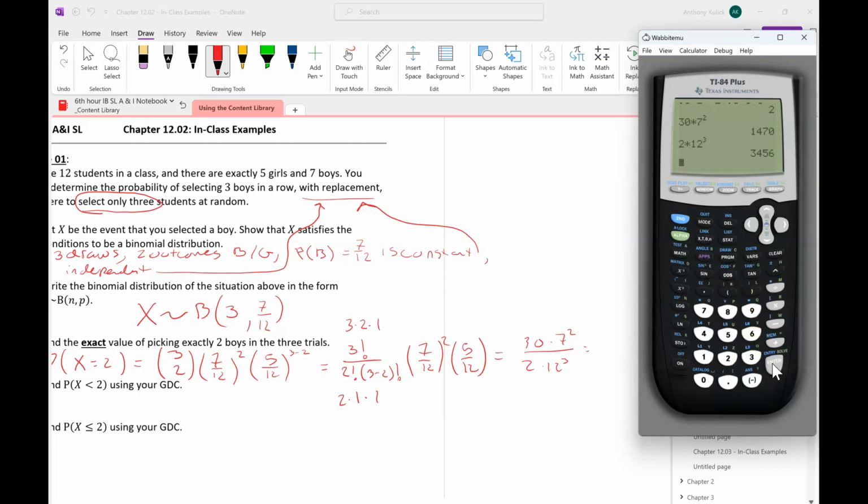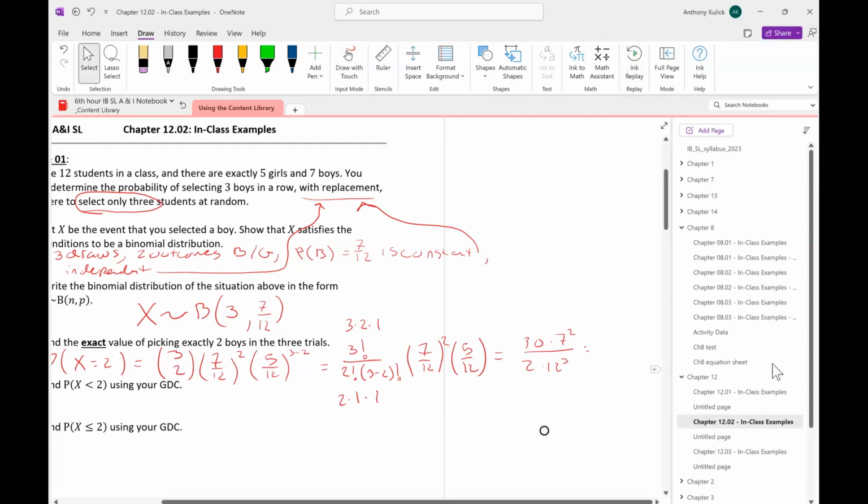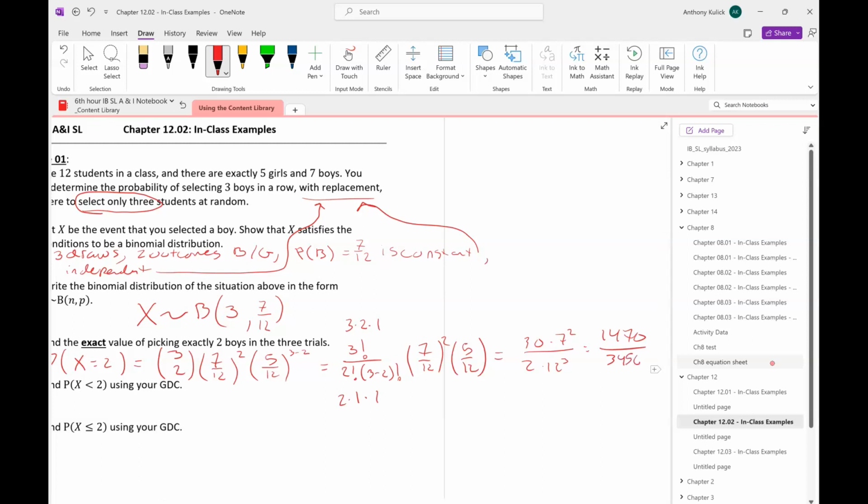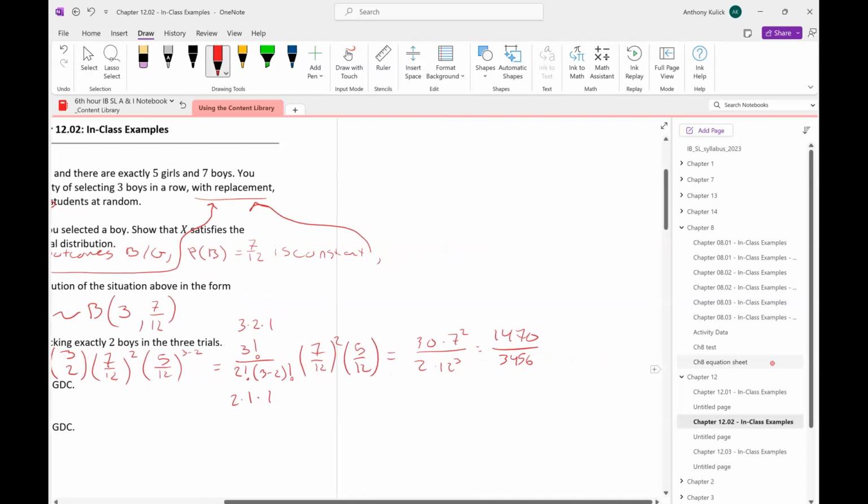So 1470 over 3456, or that simplifies down to 245 over 576.